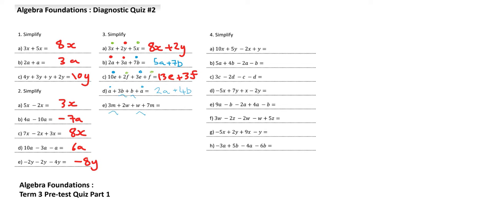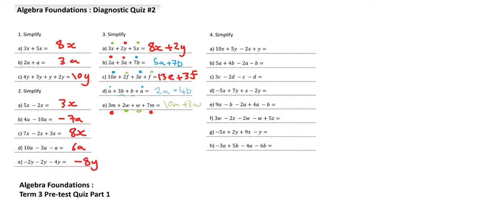So we've got 4m plus, wrong, the m's are like, mixing up. The w's are like. Okay, so we've got 10m plus 3w.